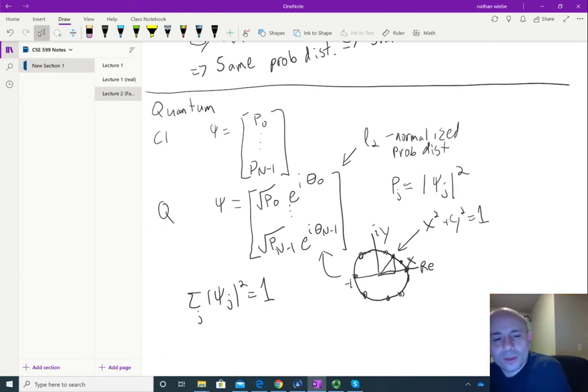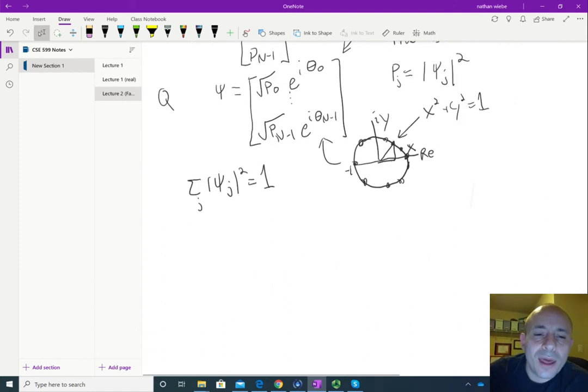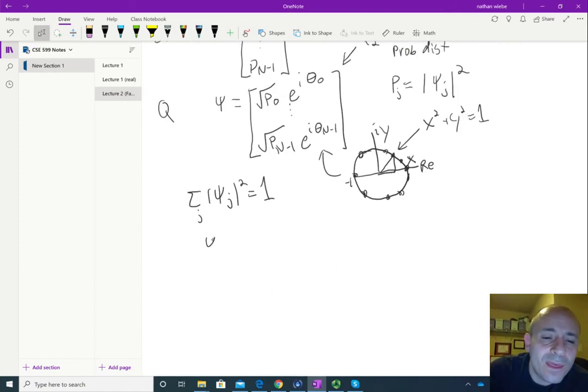Okay, so that is how that goes. Another way of writing this is that we can write psi transpose psi is equal to 1. Great.